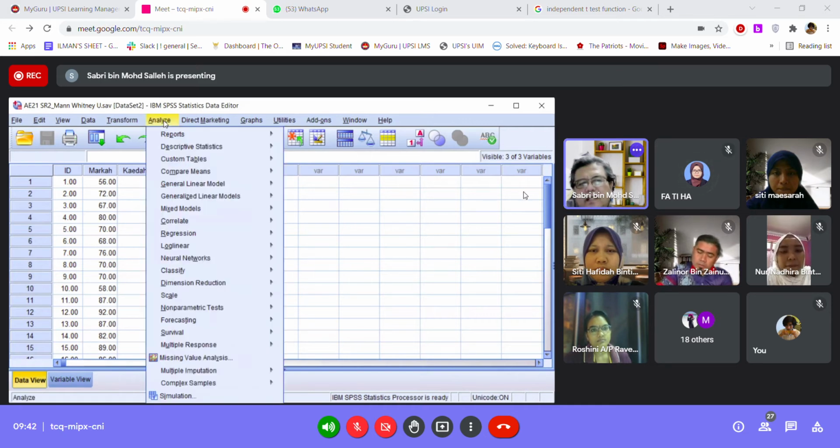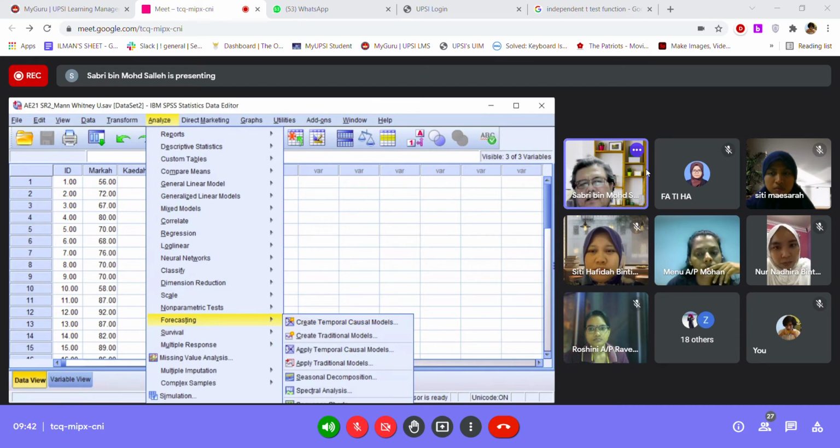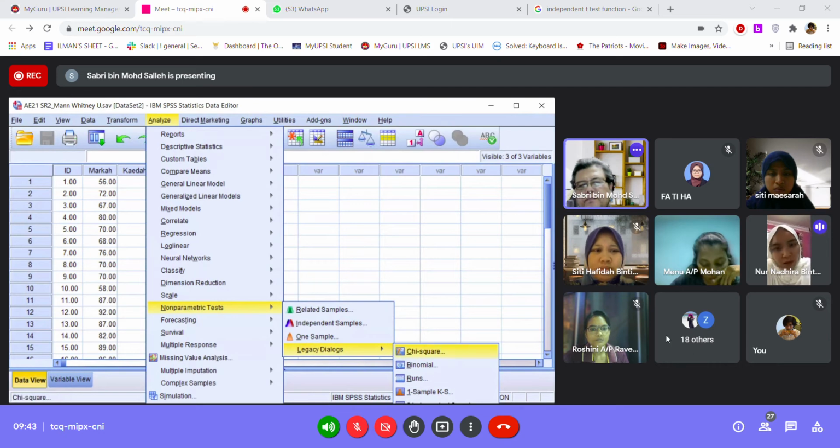Analyze, pergi non-parametric. Boleh nampak? Okay ya, non-parametric. Pergi ke legacy dialog. Pergi ke independent samples. Nampak tak?